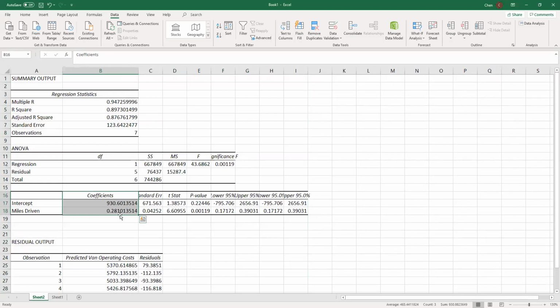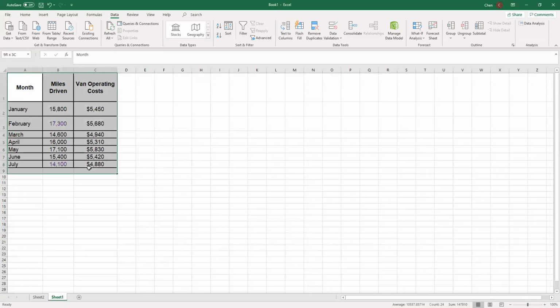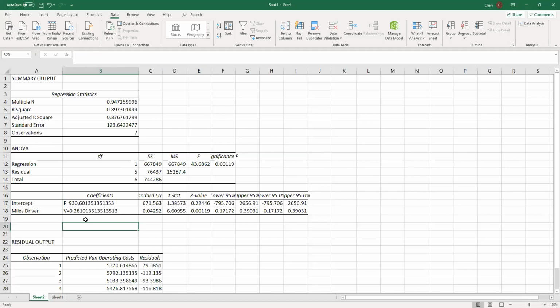We need to look at coefficients, and the miles driven coefficient, this one is our V. And then the intercept will be our F. So that means the cost equation for this data set, for these miles driven and operating costs, will be y equals 0.28, I just rounded to 2 decimals, times x plus our F. F will be 930.60.